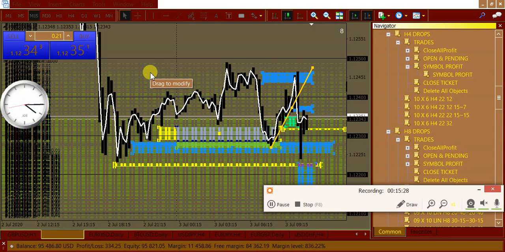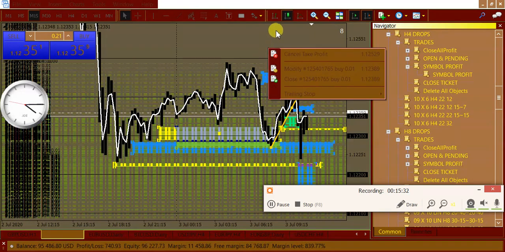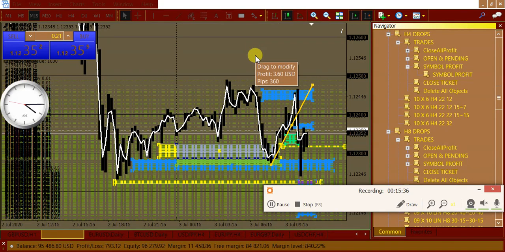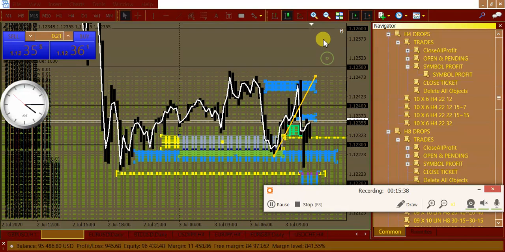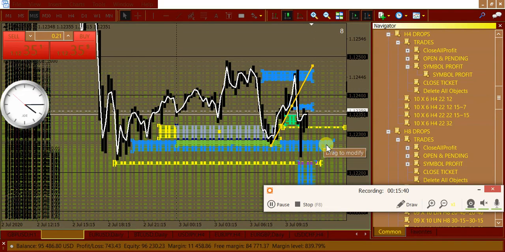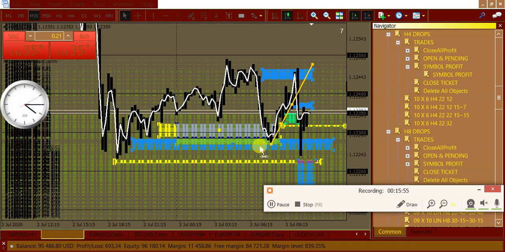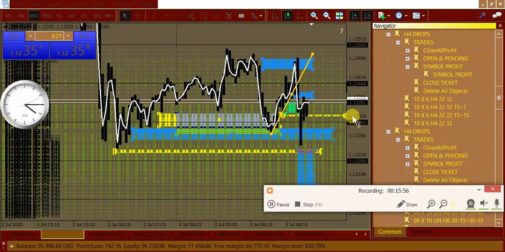Then you put pendings in: right mouse click, place a sell limit up here, a buy limit down there, or you could just rewrite the scripts. You're still going to risk $50, $100, $150 straight out. You might be down $1,500.